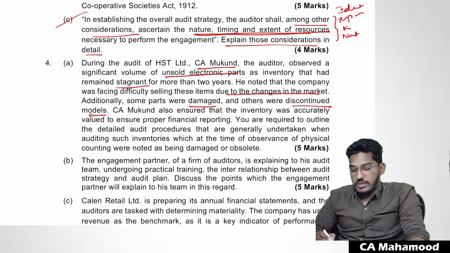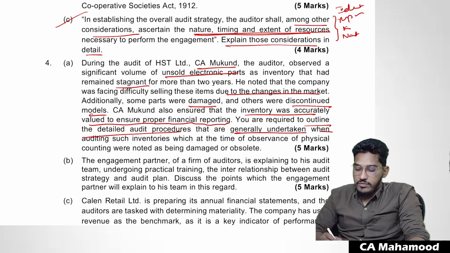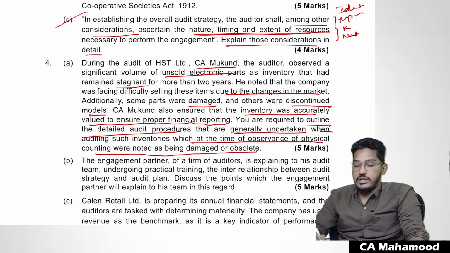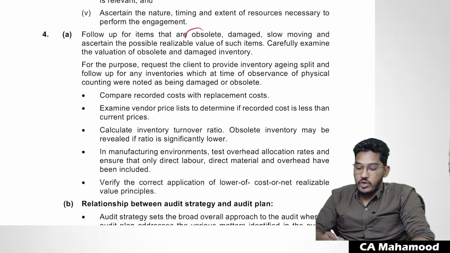CA Mukund also ensured that inventory was accurately valued to ensure proper financial reporting. You are required to outline the detailed audit procedures that are generally undertaken when auditing such inventories, which at the time of observance of physical counting were noted as being damaged or obsolete. That means what audit procedures you are going to perform regarding obsolete, damaged, or slow moving inventories.